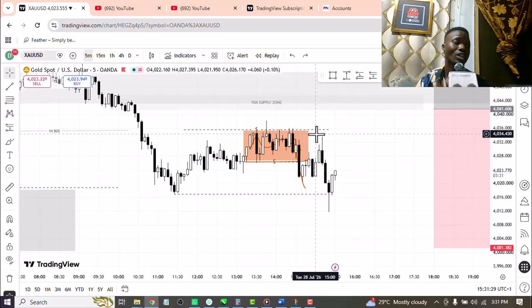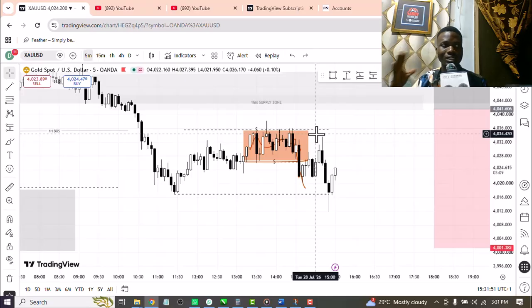In fact, if you have learned so much about trading, you will understand that there are only three phases in the market, which I'm going to say are buying, selling, and consolidation. Or let me say price can either go in an uptrend, a downtrend, or a consolidation.